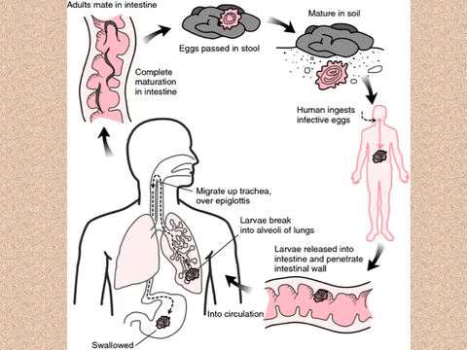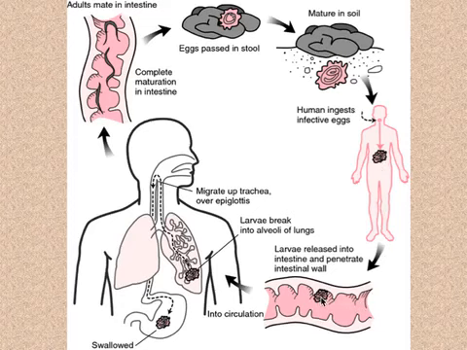So here's the life cycle of the ascarid worm. What happens is the eggs get passed in some stool, either out of infected animals or of humans, and they mature in the soil, and then we ingest them, and they're in our intestine.